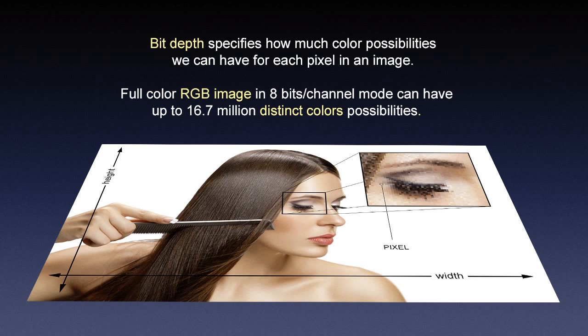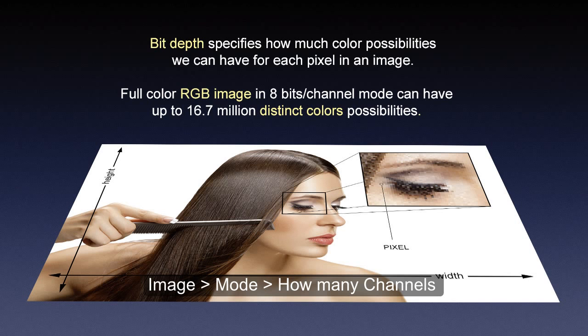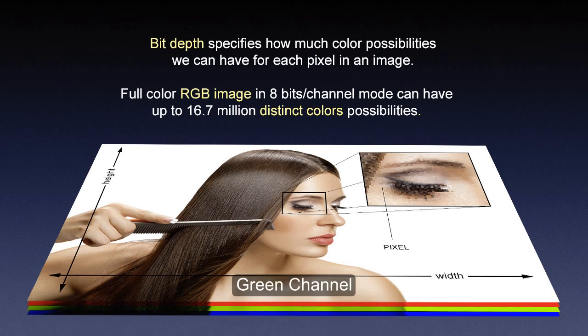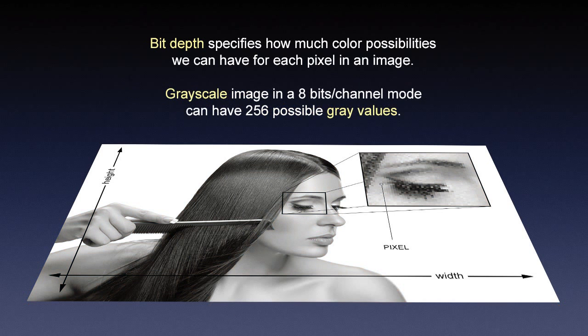Now if you remember, when you choose your image mode in Photoshop, if you remember that slide, we had to choose how many channels and how many bits per channel. So this is 8 bits per channel, and we have 3 channels. Remember, we have red, green, and blue channels, and we have 8 bits per channel. Combine all that, you get 16.7 million possible colors.